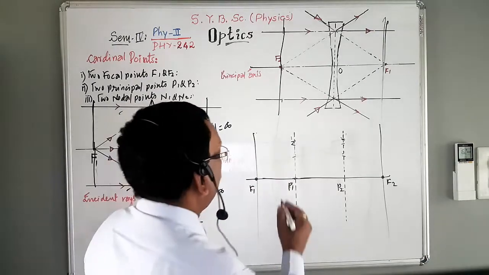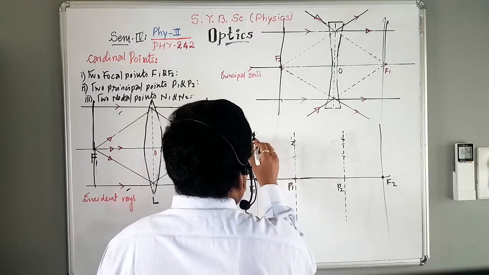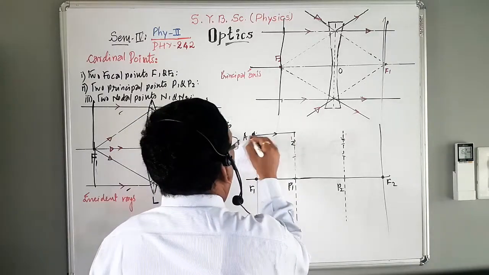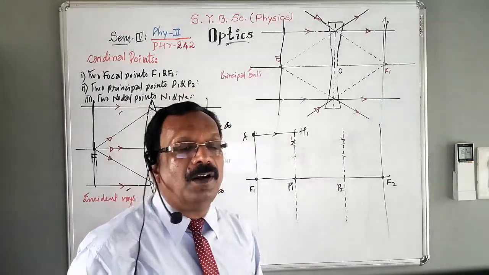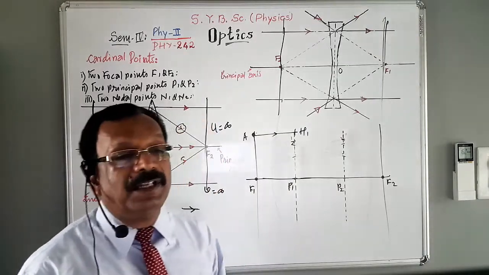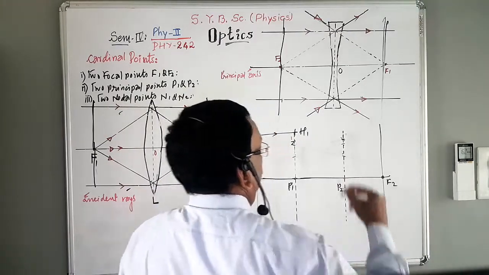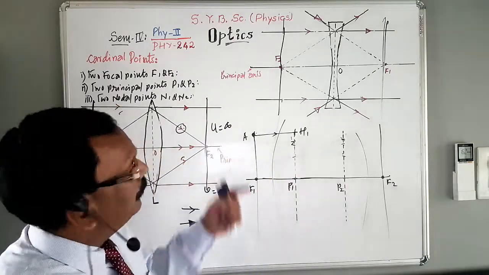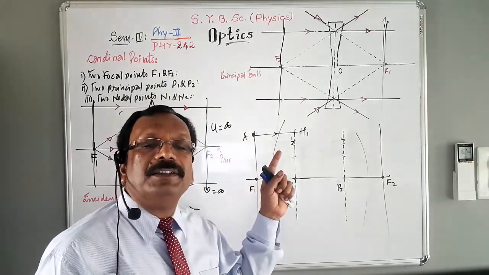Okay. Now, consider any point on this first principal plane, like this, A, H1. Now, see how nodal planes can be obtained. Consider an optical system consisting of a thick portion, just like before, just like the thick portion considered to obtain principal points and principal planes.